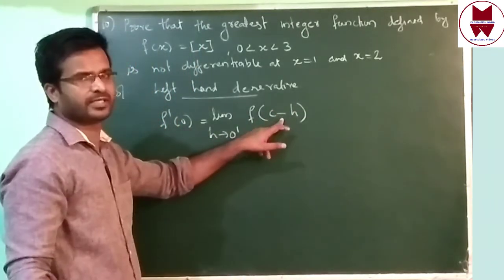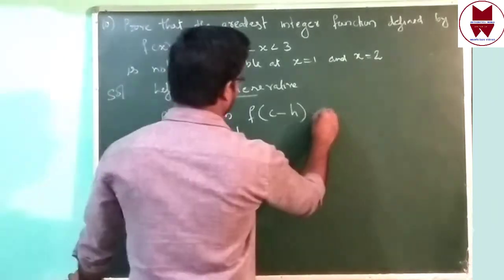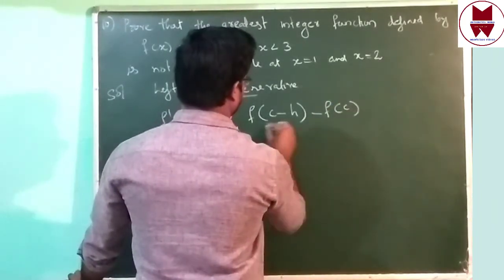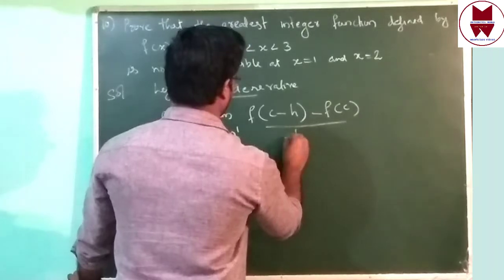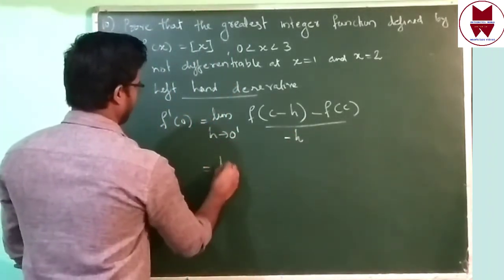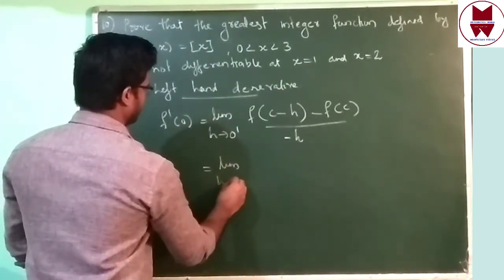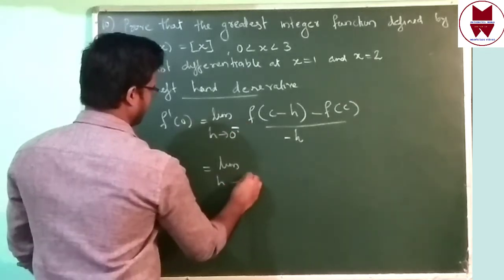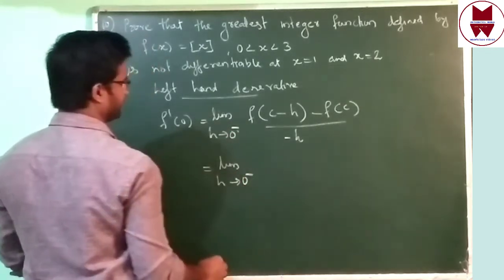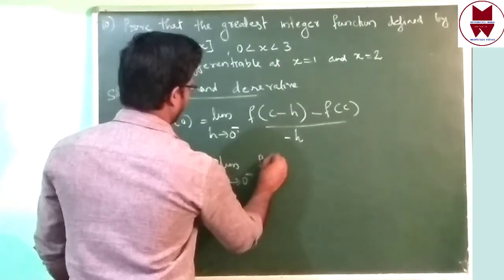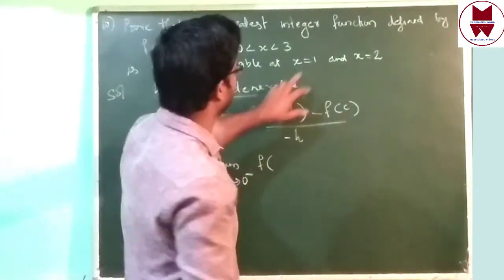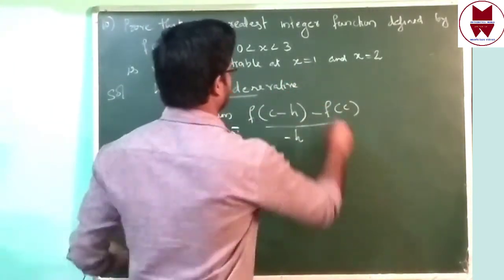I use minus, which means left hand derivative. Then limit h→0⁻ of [f(c − h) − f(c)] / (−h), at which point? x = 1.